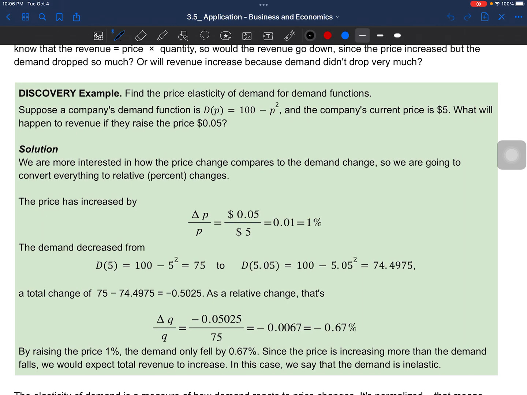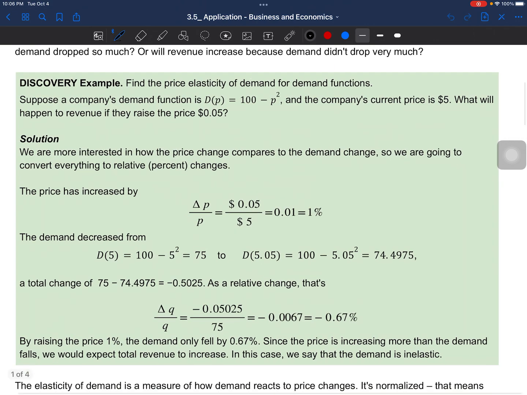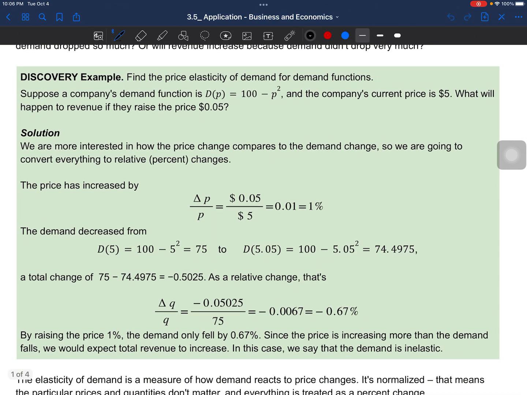All right, so in this example, let's assume that we have a company that has a demand function D(p) = 100 - p squared, and the company's current price is $5. What will happen to the revenue if they raise the price by 5 cents? Well, we want to see how that is going to change the demand.